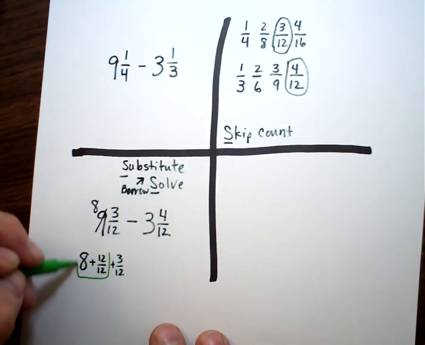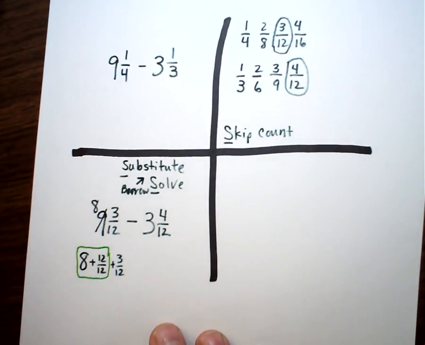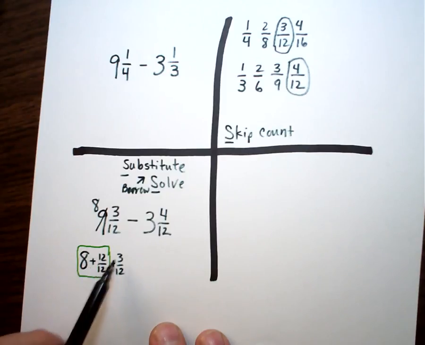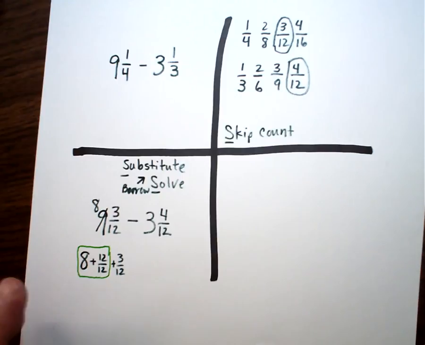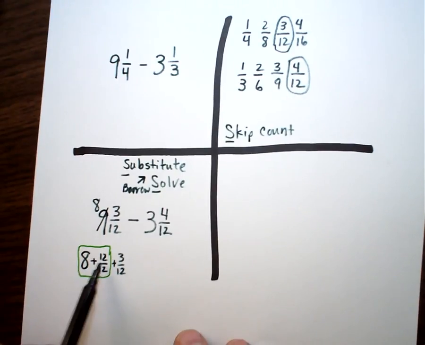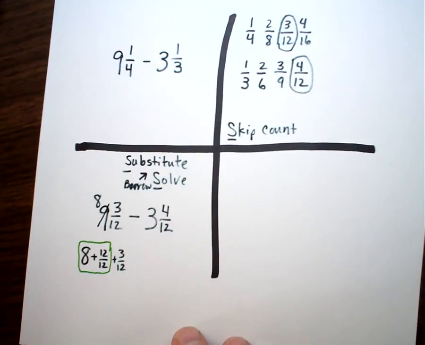Everything inside of this green box still equals 9. But now we've got a fractional part here that we can add to this fractional part, and we'll have a bigger numerator on this first mixed number so that we have enough numerator to subtract from.